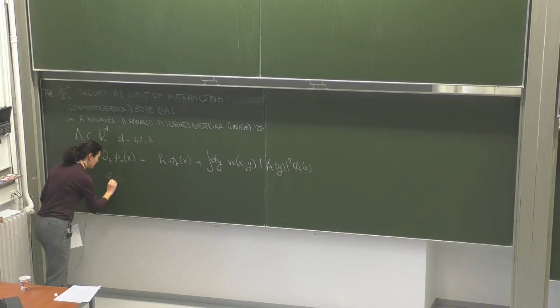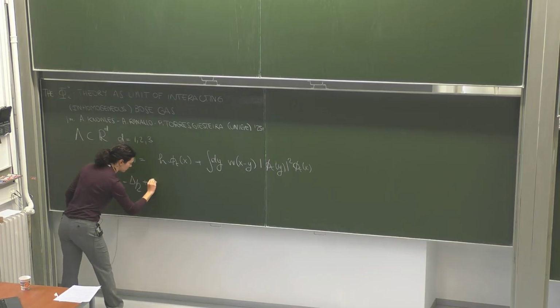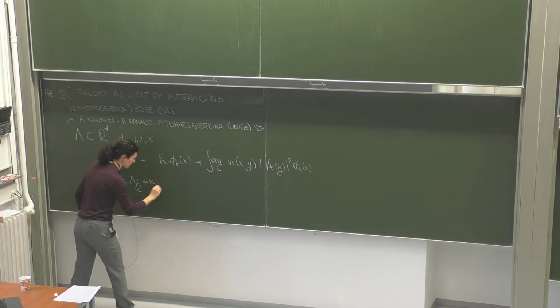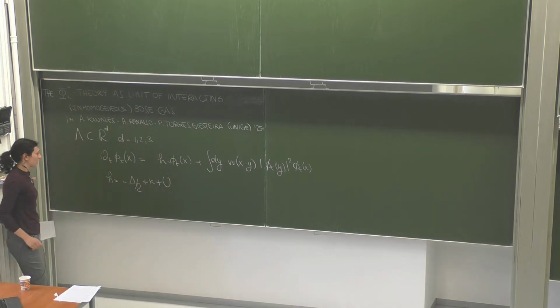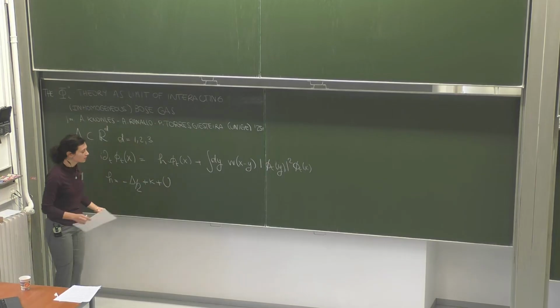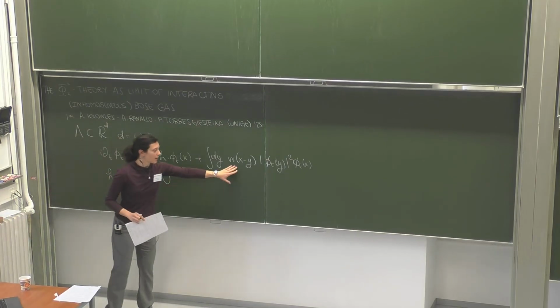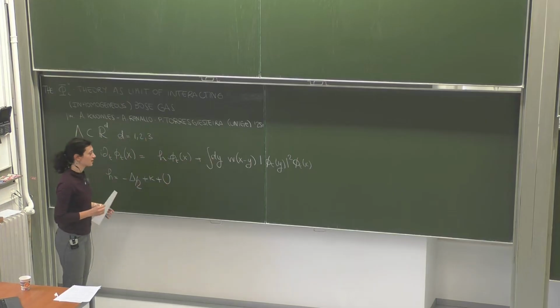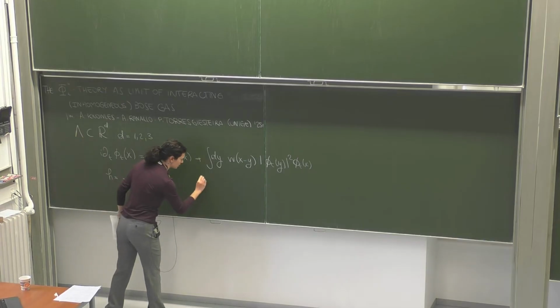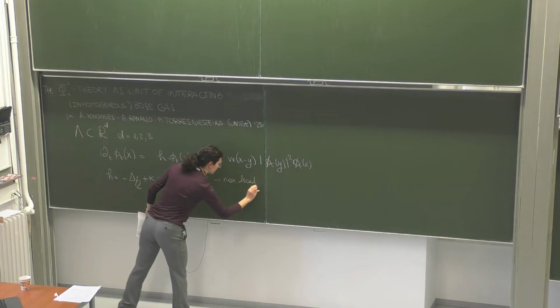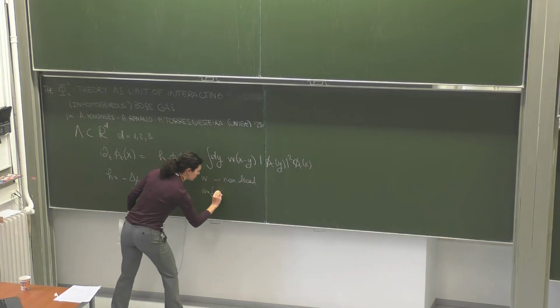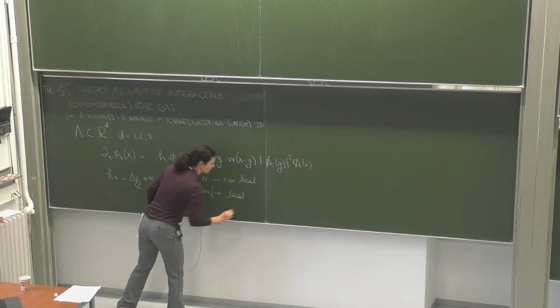So h is the operator given by the Laplacian plus some constant which determines the chemical potential later, plus an external potential U. Now, if W is a general function, we say that we have a non-local interaction, while if W is a delta function, then we have a local interaction.